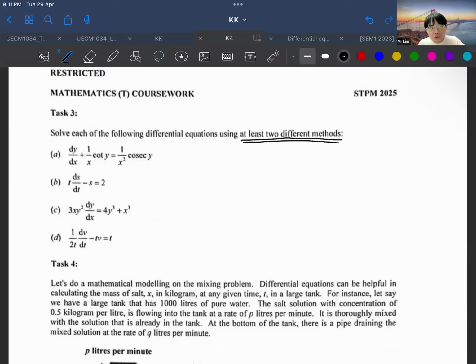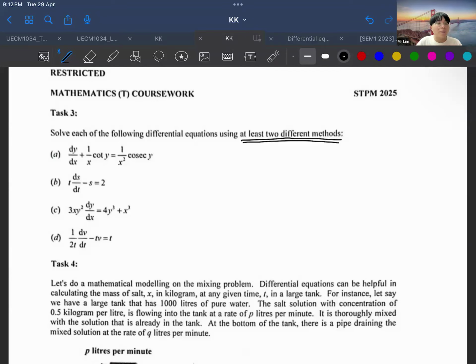You don't do this in your normal lecture also, right? In your normal class, your teacher just always tells you, if you see this one is linear, do linear. If you see this one is separable, do separable. But did she tell you that one differential equation can at the same time be both linear and separable together?